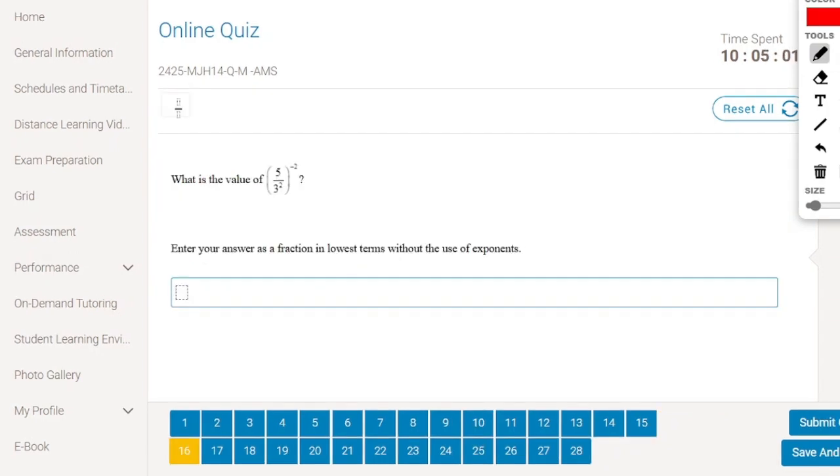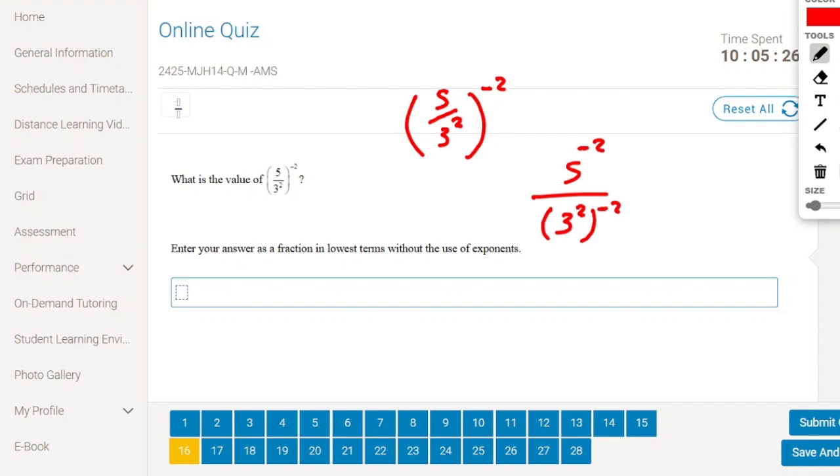Question number 16. What is the value of (5 over 3 power of 2) all power of minus 2? So what does it mean? It means 5 power of minus 2 divided by 3 power of 2, all to the power of minus 2. So here it will be 5 power of minus 2 divided by 3, 2 multiply minus 2, which is minus 4.